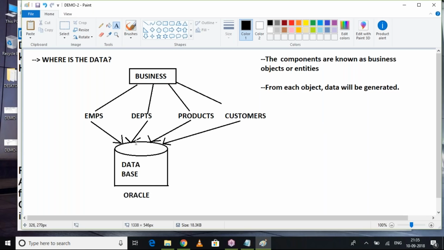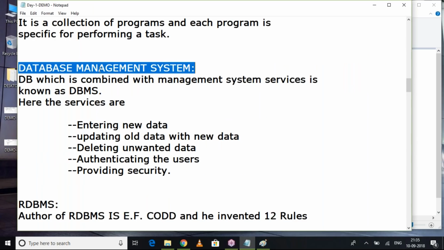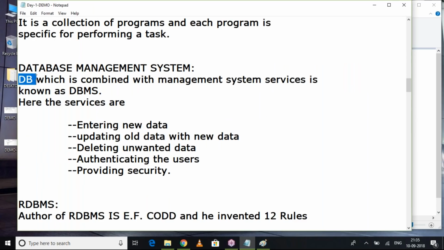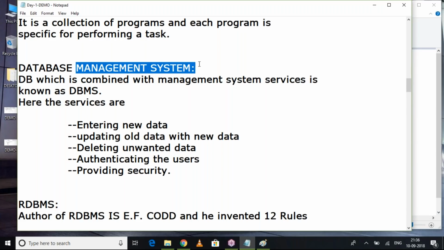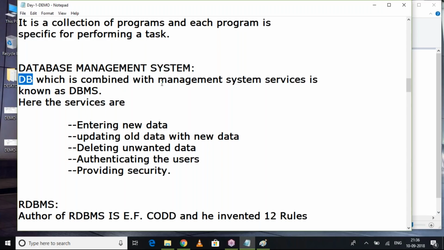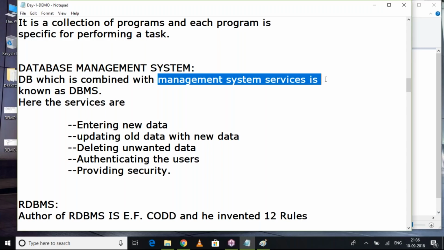New information inserted into database. We are talking about DBMS. We know what is database. All information at one place is called a database. And what is DBMS, database management system? A database with management system services is called a DBMS.